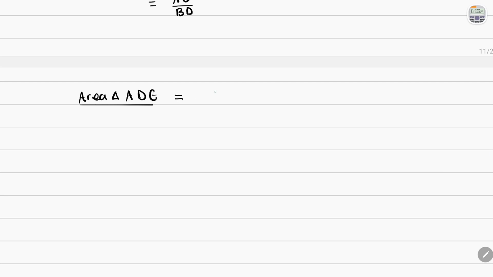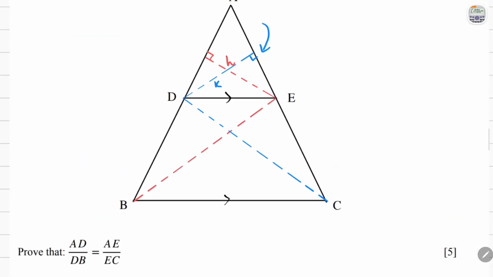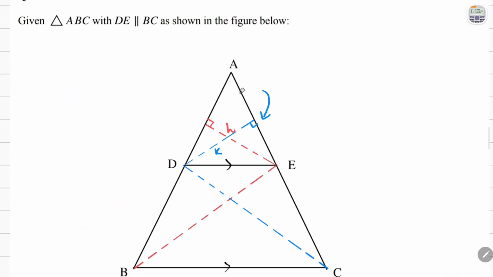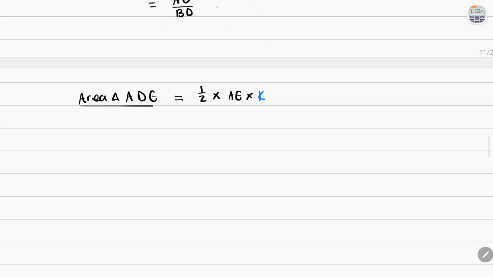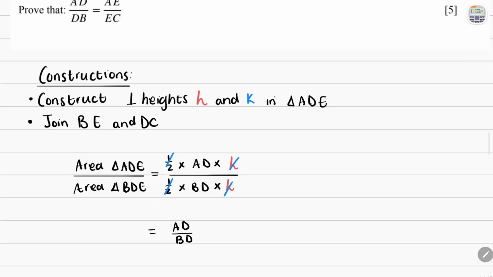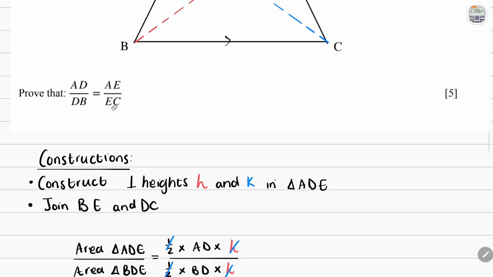This would be equal to a half multiplied by its base, which we can see is AE, multiplied by its height. And you can see that if this is the base of the triangle, then the height is from the highest point down and is perpendicular to the base. So that is K. So multiply by K. Now, the triangle that this goes over is the triangle with EC as a base.